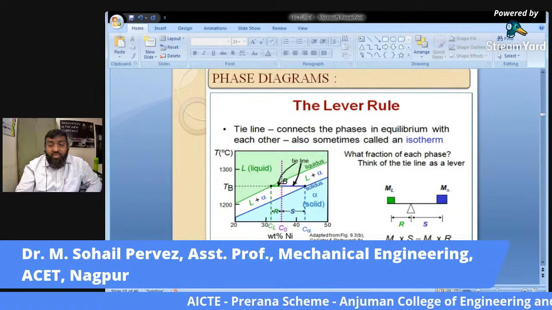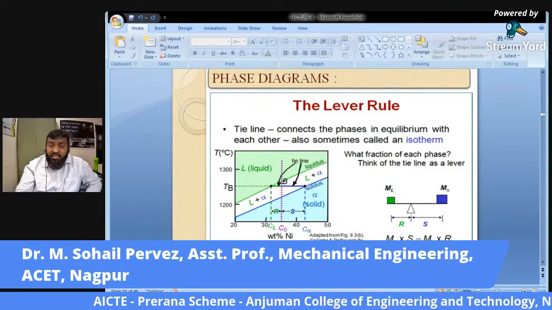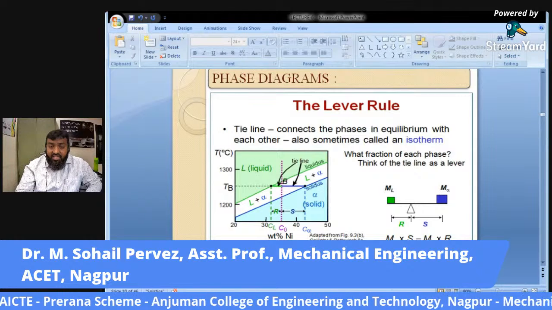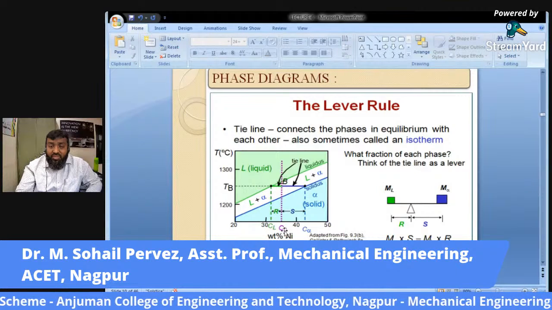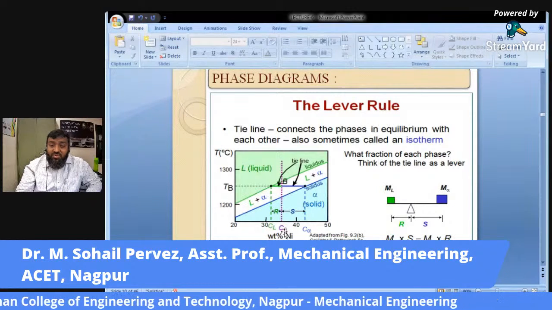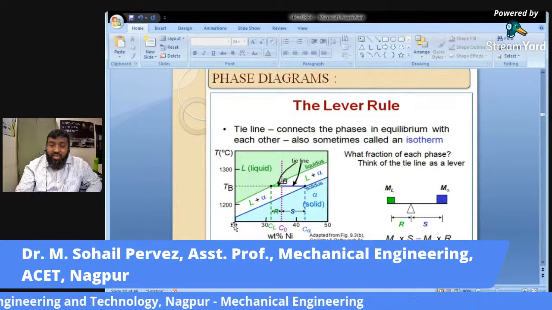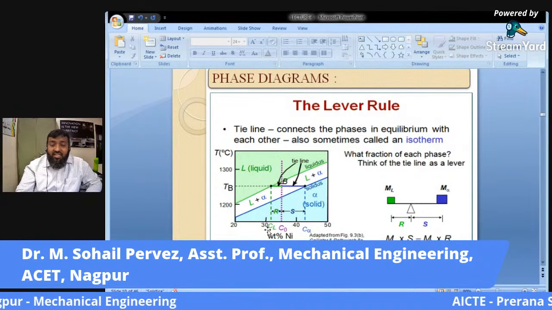Now if it had been for solid alpha, then in that case the reference would be CO. The reference will start with CO. So CO minus CL upon C alpha minus CL.